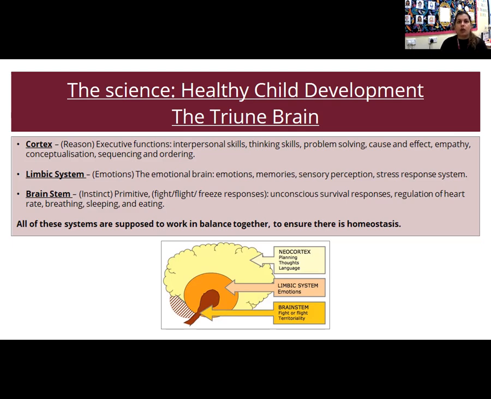However, as the children grow older, we want to be supporting them with self-regulation, which means they understand what they need, just as you do as adults. I'm thirsty, I'm hungry, I need to rest, I'm not feeling very well, I need to scream into a pillow. You kind of know those things because you self-regulate, and you've learned that over time.